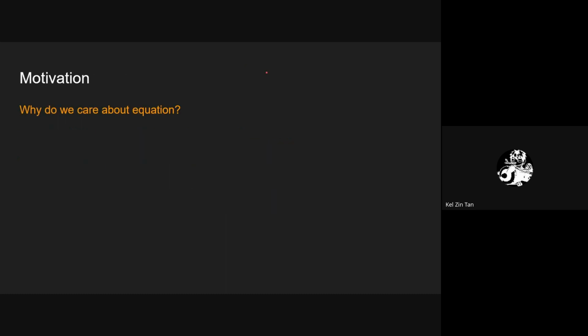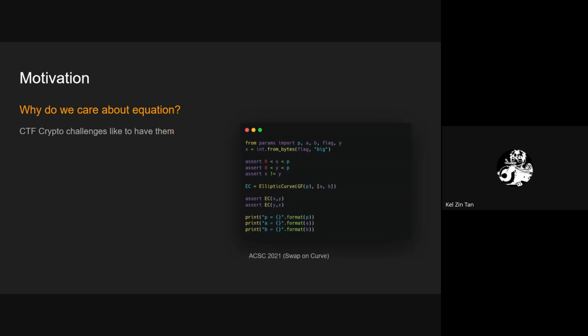Okay, so let's start. Why do we even care about equations? Firstly, maybe this is the most motivating thing for you all: you all play CTF. If you play CTF, you know that CTF crypto challenges like to have all sorts of equation problems. For example, we can see from this Python code snippet, the flag is converted into numbers.